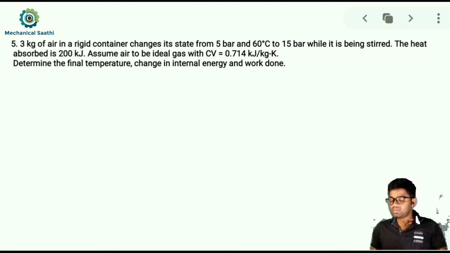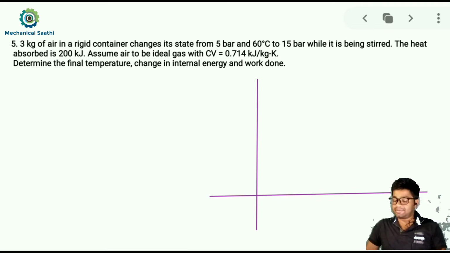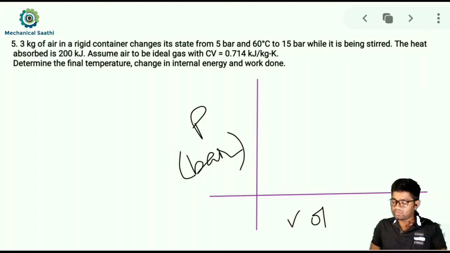At state point 1 the pressure is given as 5 bar, and at state point 2 the pressure is given as 15 bar. On the y axis I will take pressure in bar, as given in the question, and on the x axis I will take volume in meter cube.